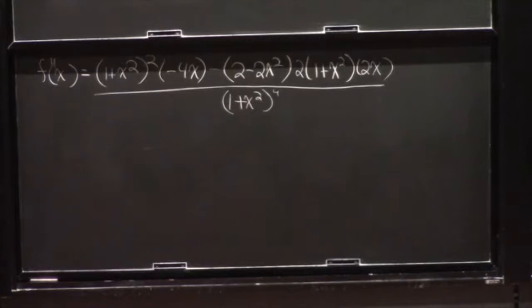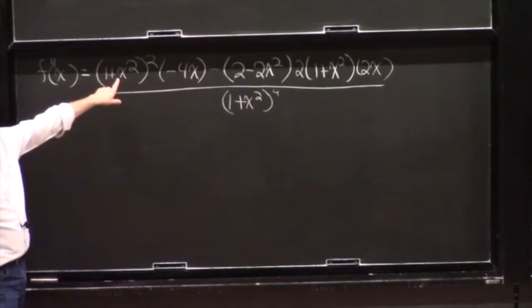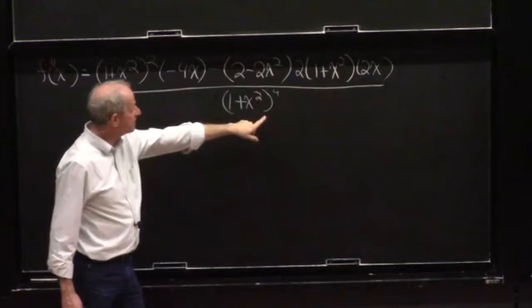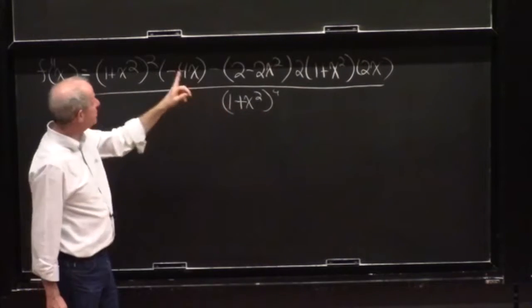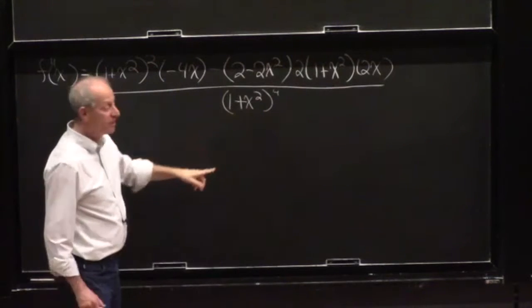All right, now we have to simplify that. That's a mess. But notice something. This is a (1 plus x squared) squared, so it has a term of 1 plus x squared. This has a term of 1 plus x squared, and this has 4 of them. So I could take 1 plus x squared out of the numerator and the denominator.